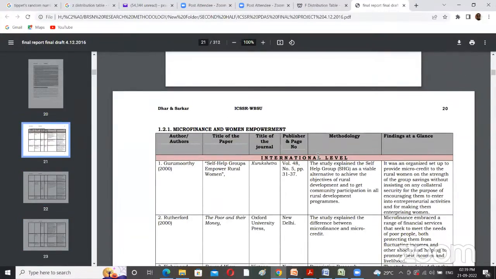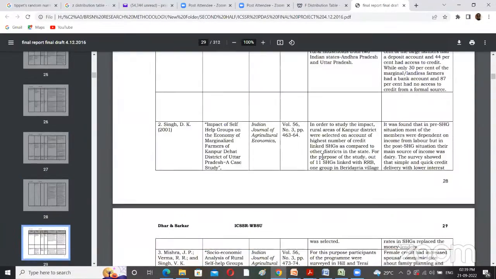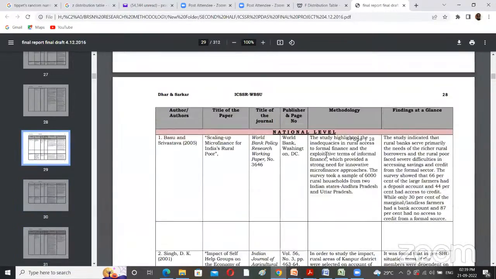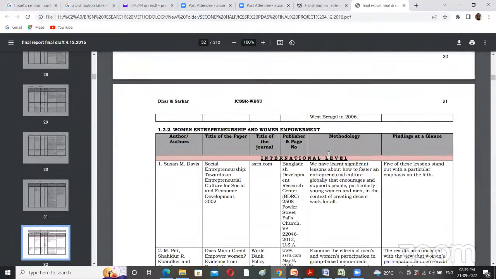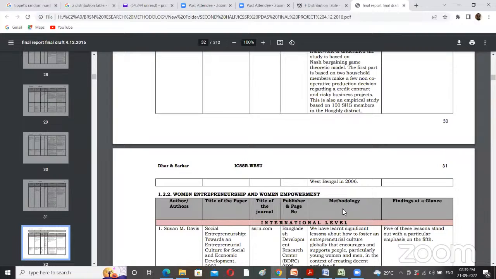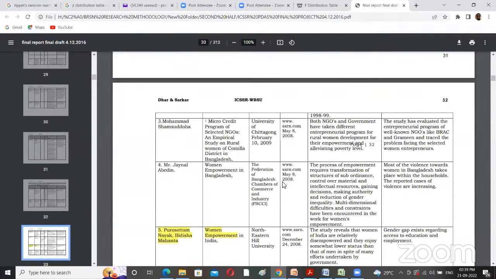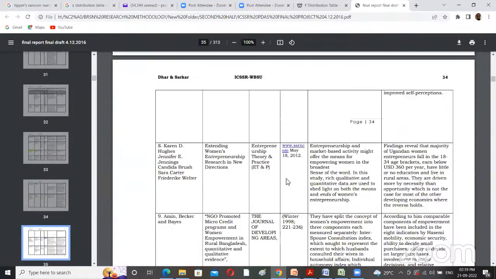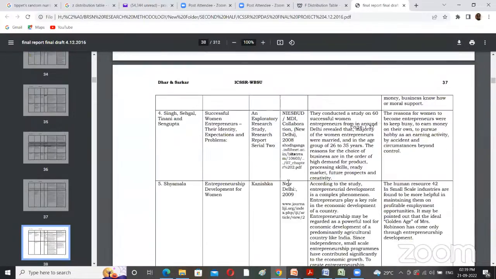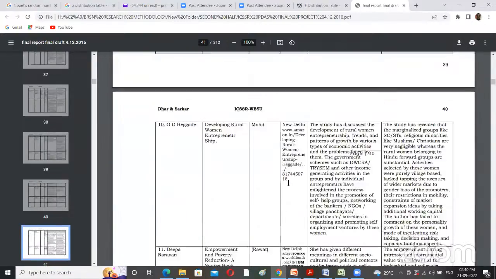This is the international level, and the other literatures are shown on the national level. These are the national level literatures, and these are the state level literatures. After that, the second theme, that is women entrepreneurship and women empowerment. This is the international level literature review, and then there are national level literature reviews. Then we come to the state level literature review.